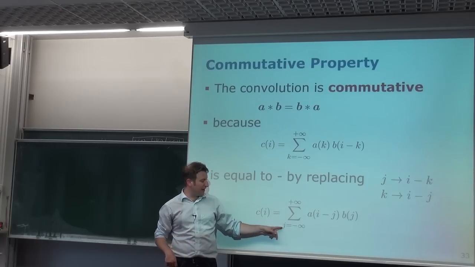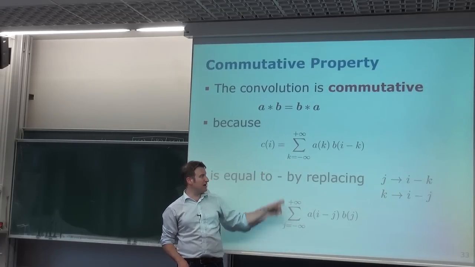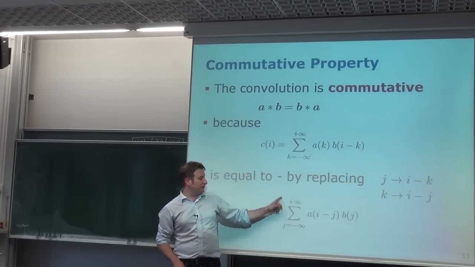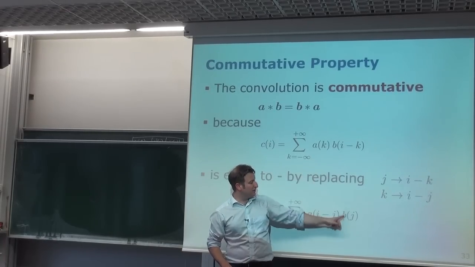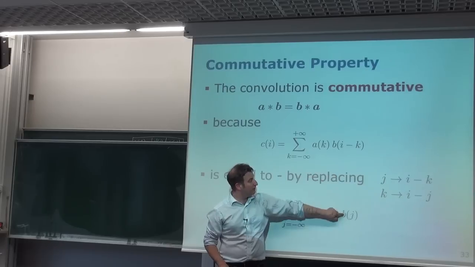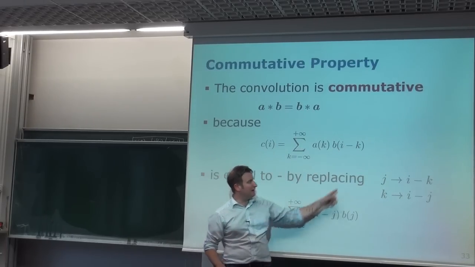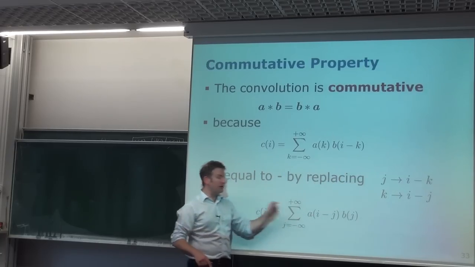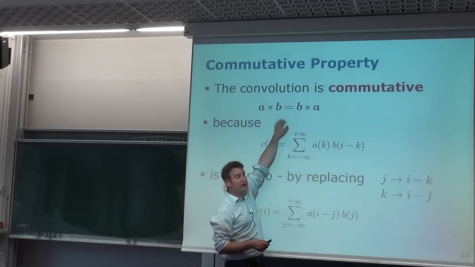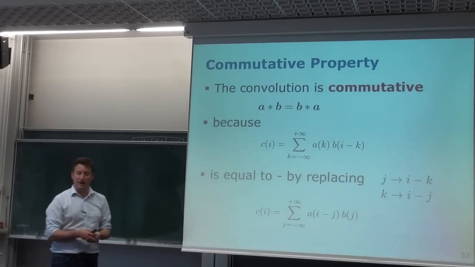The only difference is that our variable was called k and is now called j, but it's used exactly in the same way. The only difference is that the function B now has the original queried variable minus the variable from my loop. So we can conclude that A convolved with B is the same as B convolved with A.